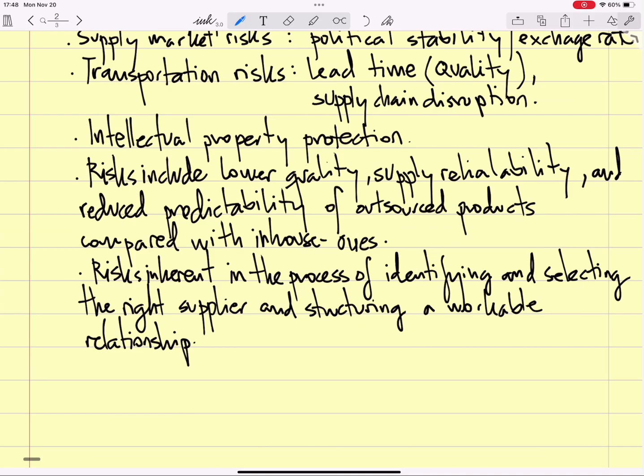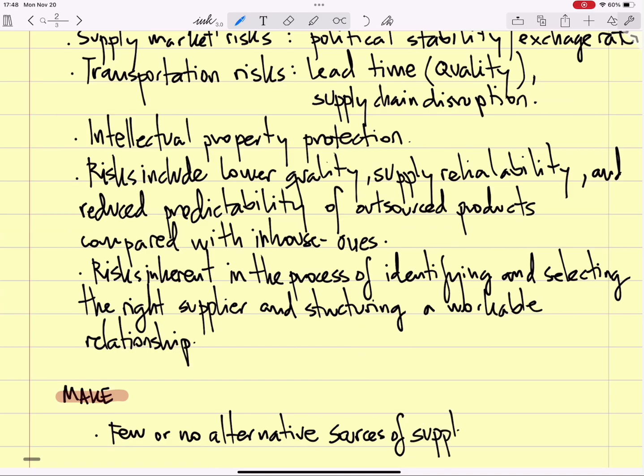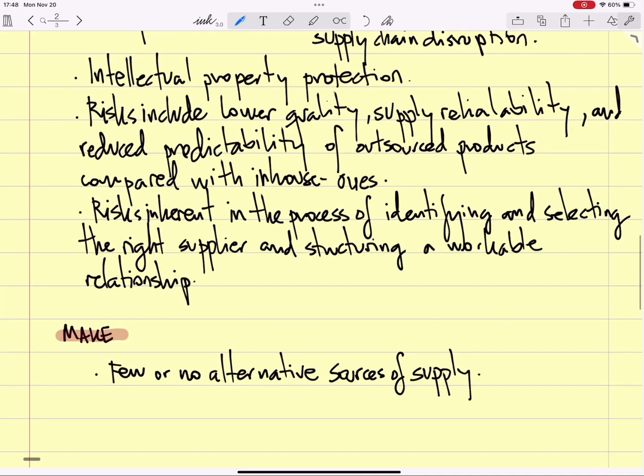So when you look at make, let's use the same color coding as before. What makes you decide to make is few or no alternative sources of supply. So if no one can do it, you have to do it.